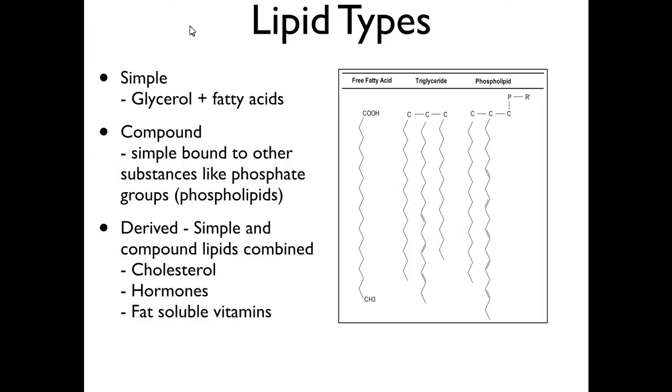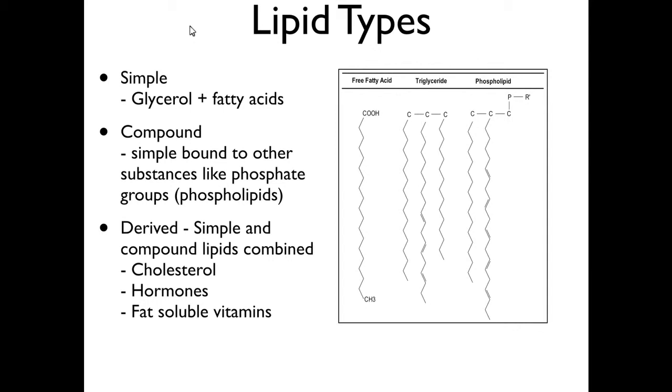We can differentiate lipid types into simple, compound, and derived. So a simple lipid, which would be like a free fatty acid or a glyceride, is glycerol plus fatty acids.